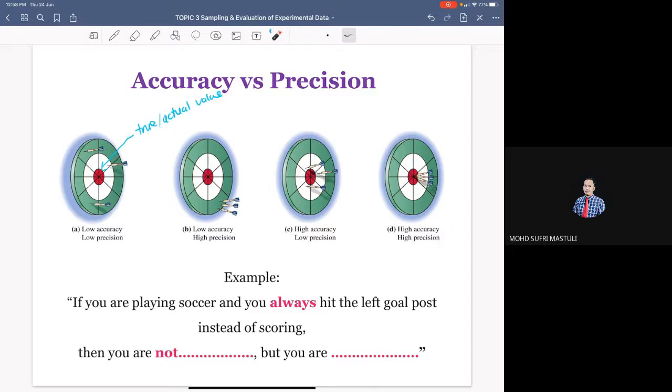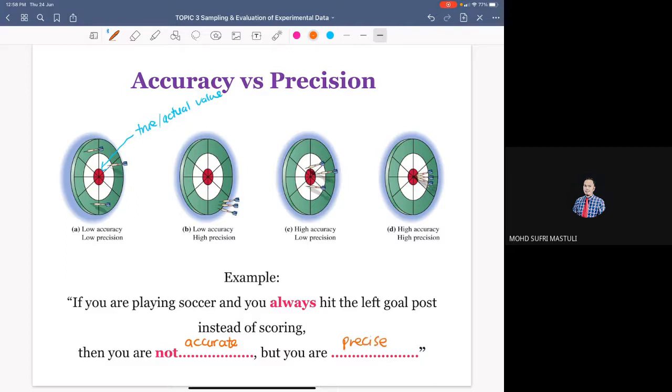For example, if you are playing soccer and you always hit the left goal post but you're not scoring, it indicates you are not accurate, but you are precise.